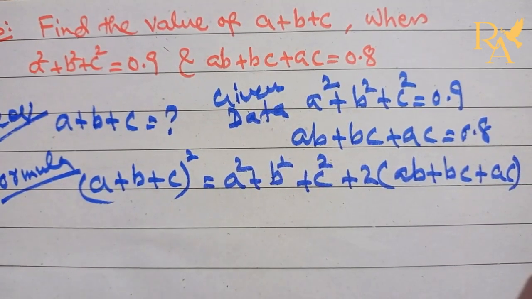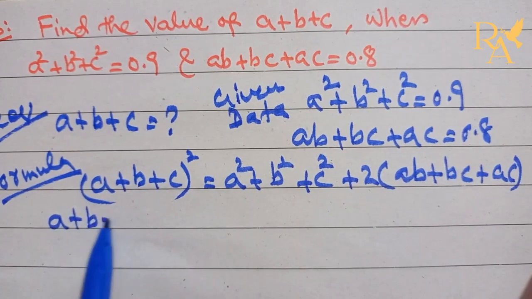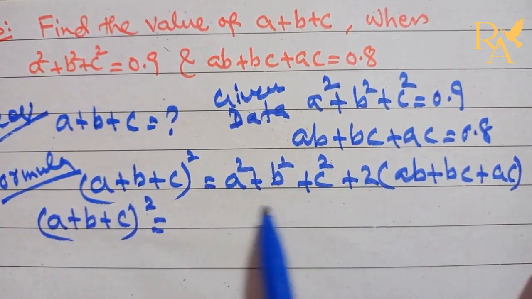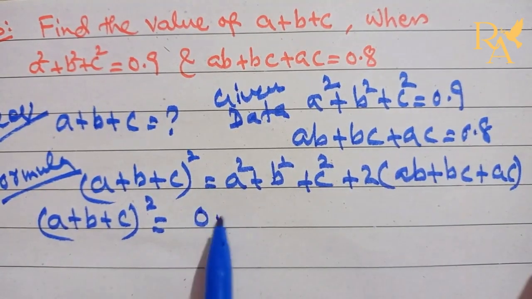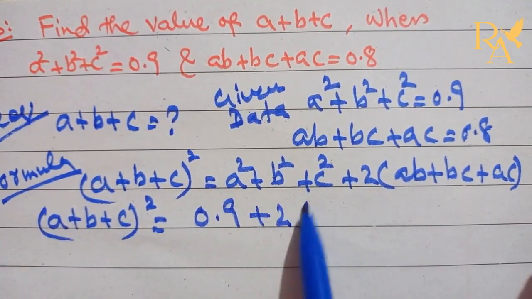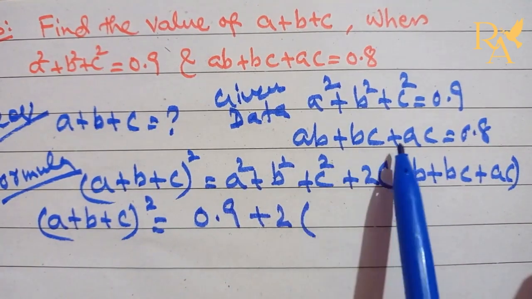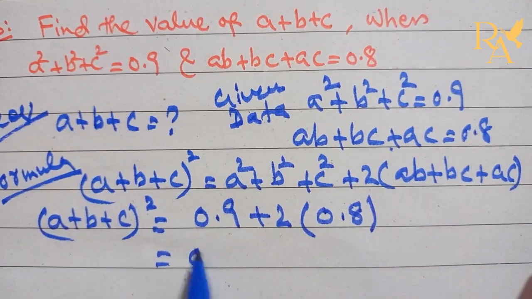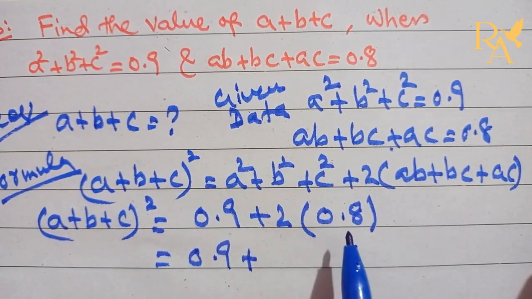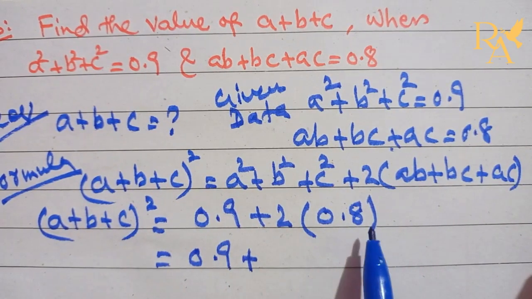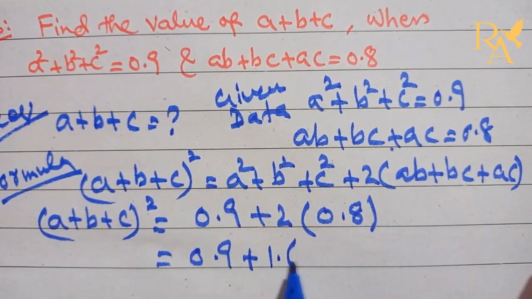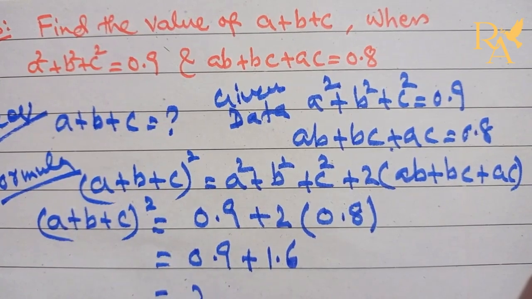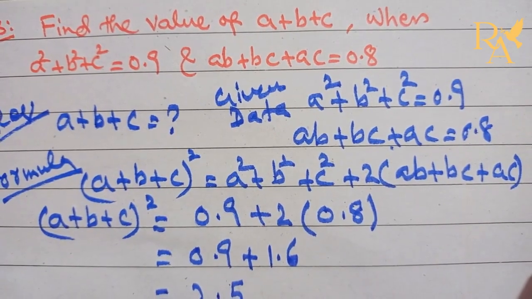Now put the values. A plus B plus C whole square is equal to 0.9 plus 2 times the value of AB plus BC plus AC, which is 0.8. 2 multiplied by 0.8 is equal to 1.6. The sum of 1.6 and 0.9 is 2.5.